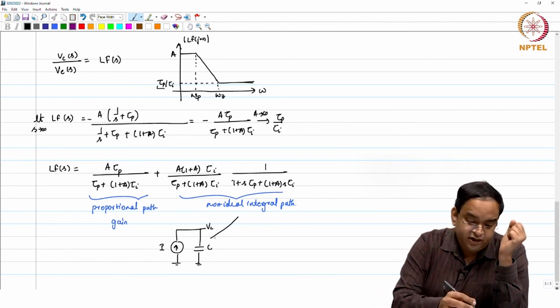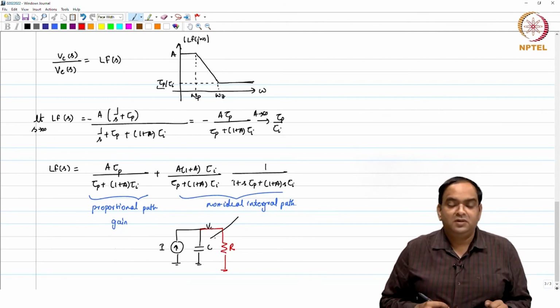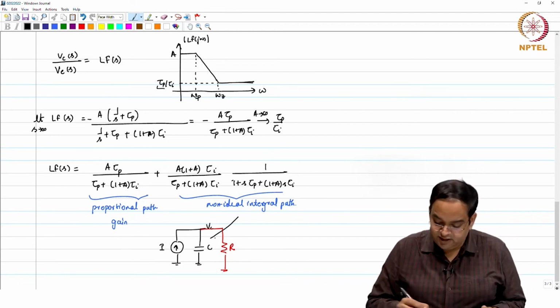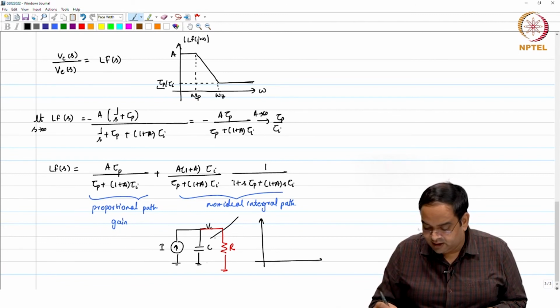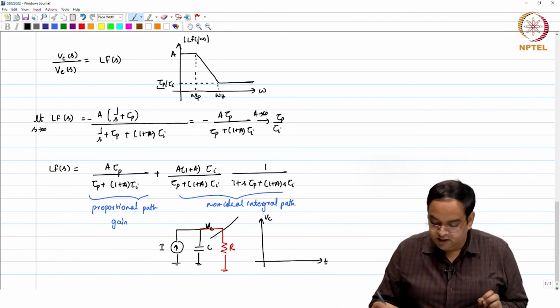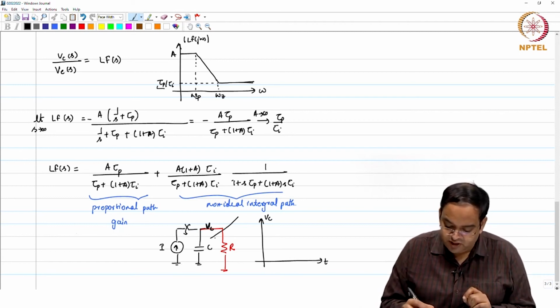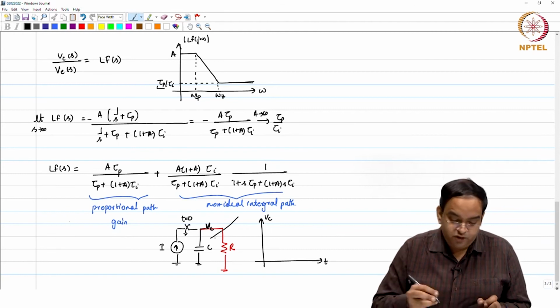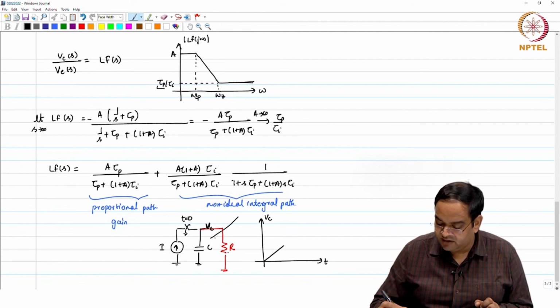Whereas, if I add a resistor in parallel, let this resistor be very large. If this resistor is applied in parallel and then I look at the voltage with respect to time, if I apply this current source using a switch at time t equal to 0, you will see that, depending on the resistor which you have in parallel, this will keep on increasing.